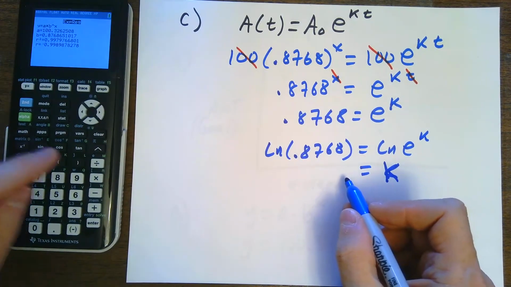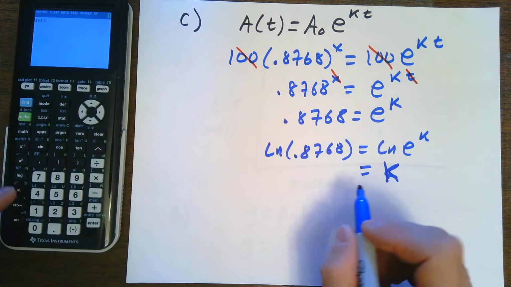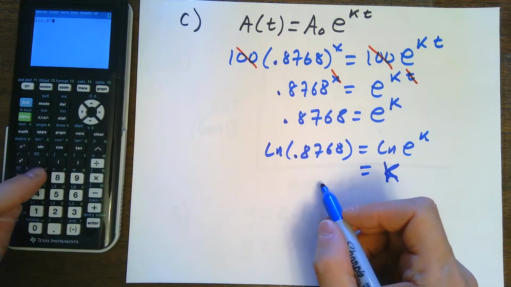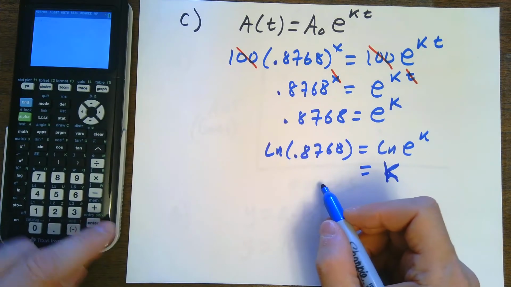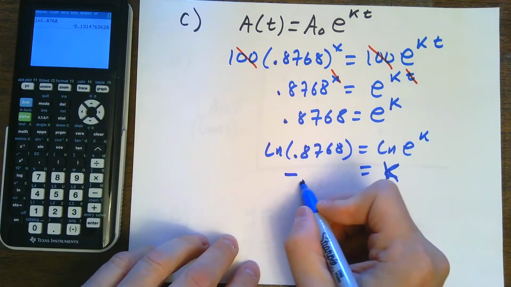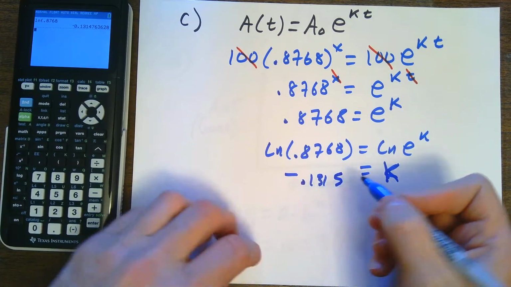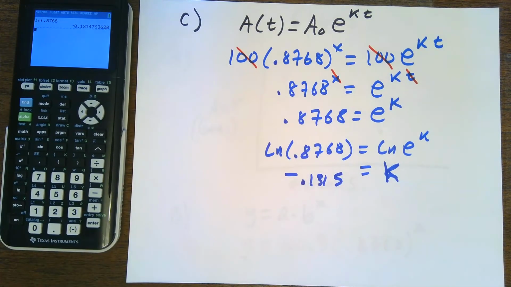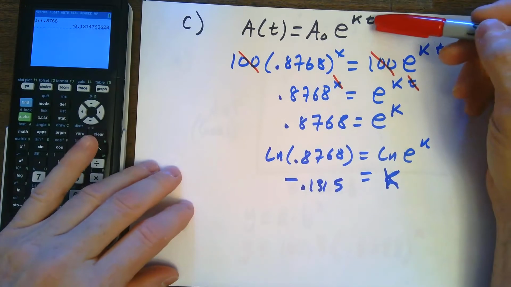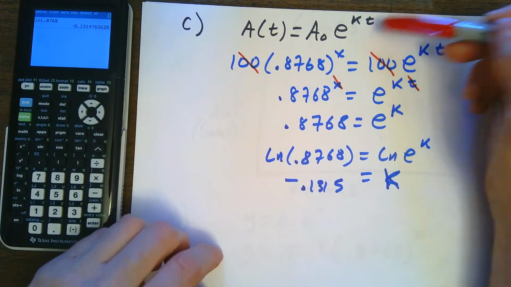On the calculator, natural log of 0.8768 is negative 0.1315. So putting this all together, I want to put it back into this format right here.